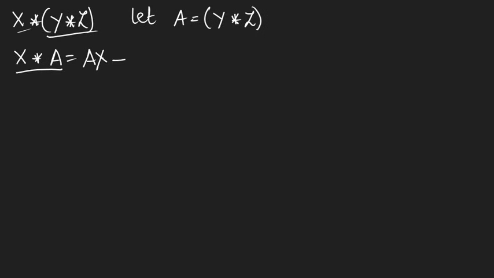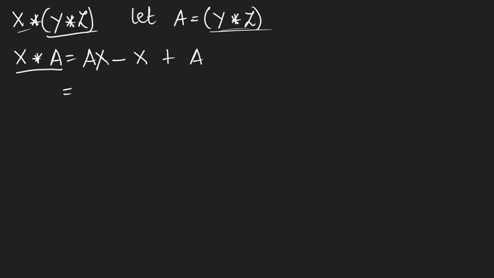Okay, so minus x, then plus A, like that. So in this case, where there is Ax, what is A? A is this operation here, okay, A is this operation here.